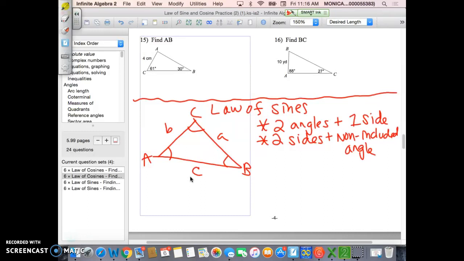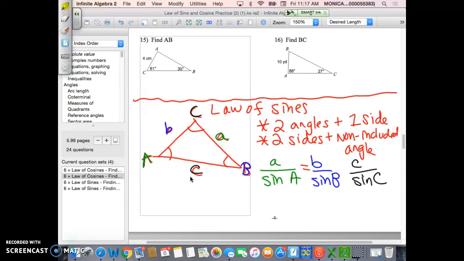And the ratio that we're going to set up is: little a over the sine of big A equals the ratio of little b over the sine of big B, you guessed it, which equals the ratio of little c over the sine of big C.